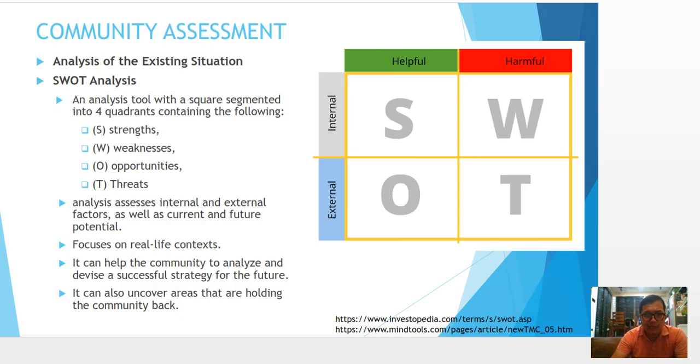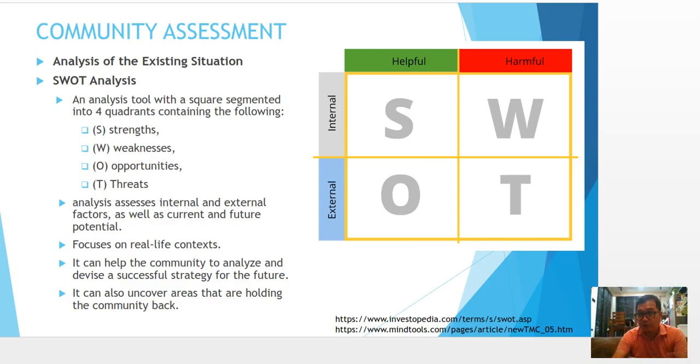It assesses internal and external factors as well as current and future potential. It focuses on real life context. It can help the community to analyze and devise a successful strategy for the future. It can also uncover areas that are holding the community back.